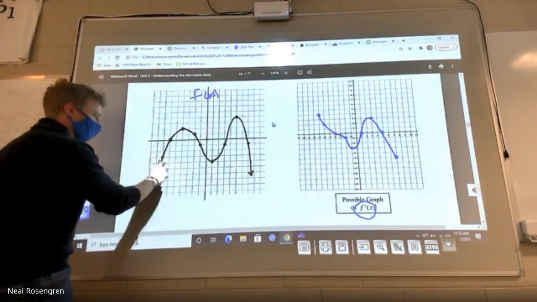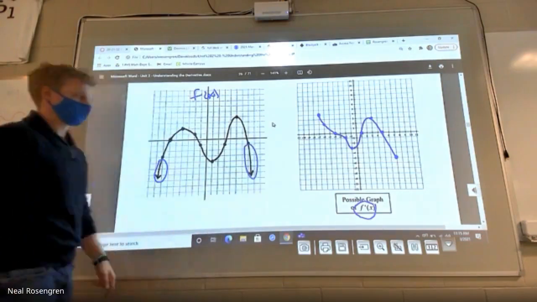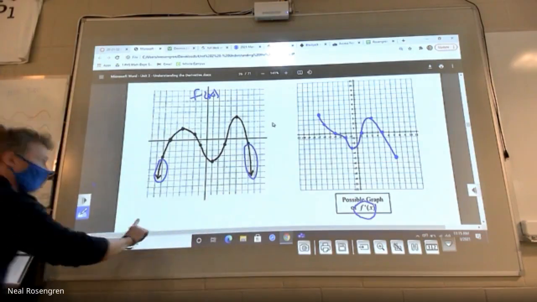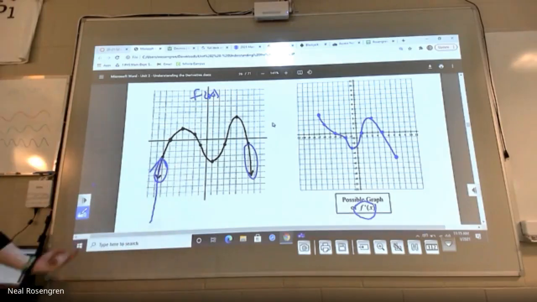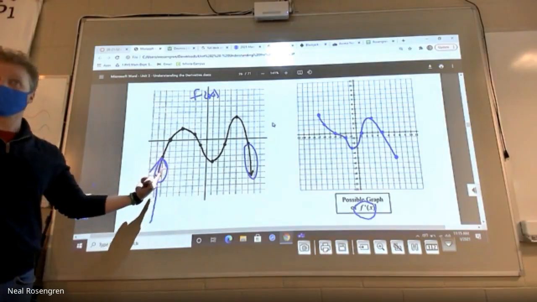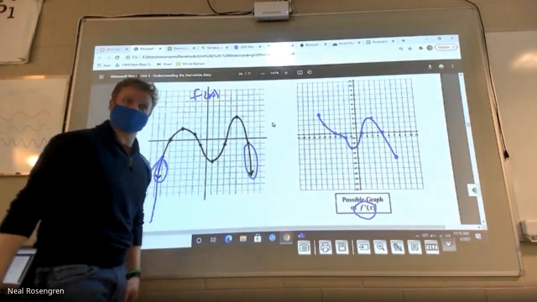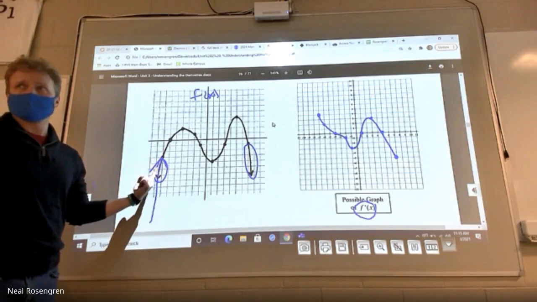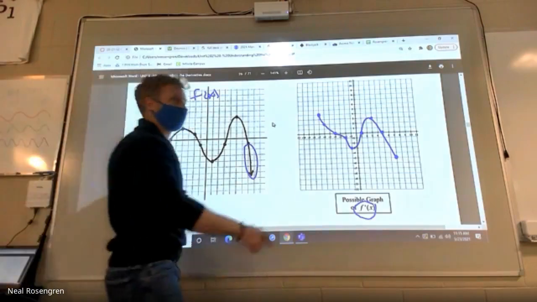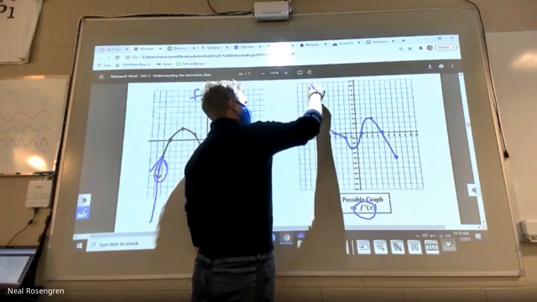What's happening here and what's happening here? Going down, but from left to right, this side is going up. This side is going down. This is going up so fast, which means its derivative is very positive.